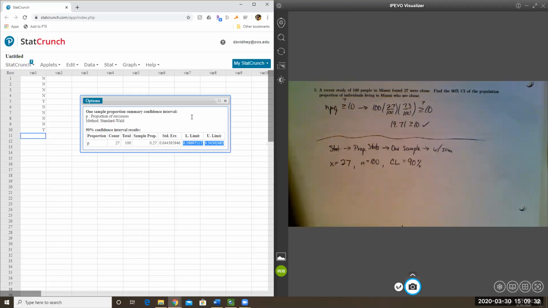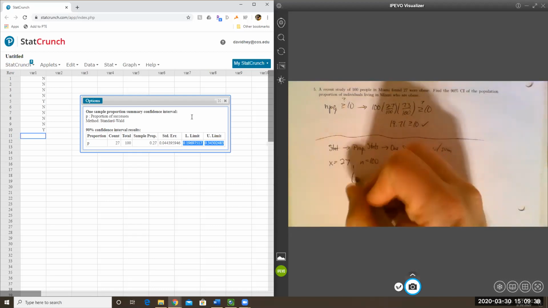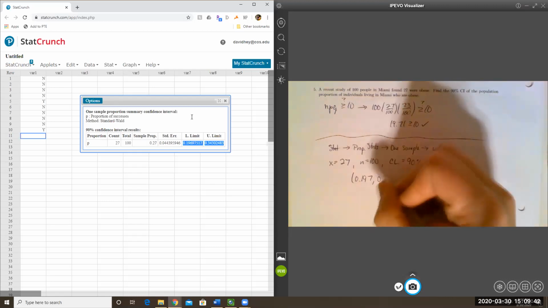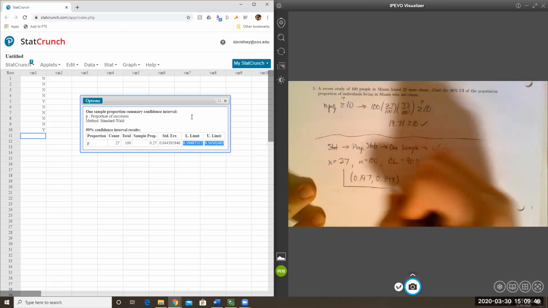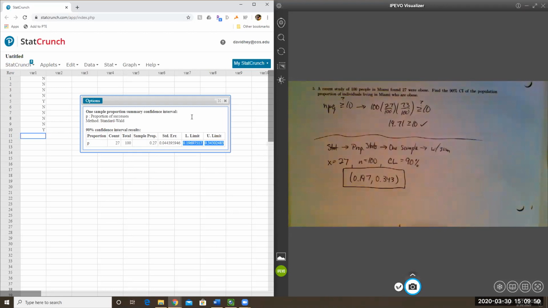Okay, so there it is. So we get 0.197 to 0.343. All right. So again, to interpret this, we would say something like this.